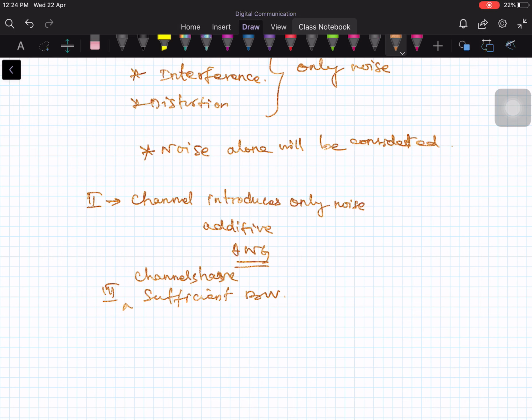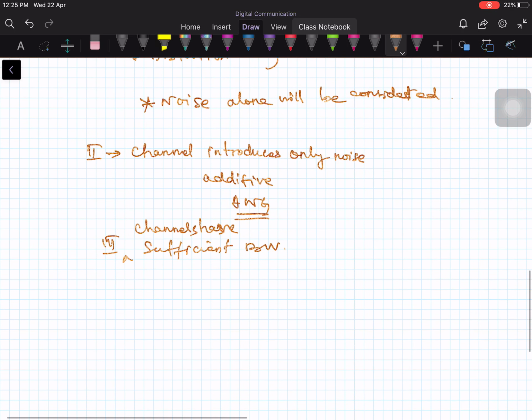Therefore, we can do a demodulation of a waveform one symbol at a time. The fourth assumption is no other impairment, no channel impairments. That is distortion.